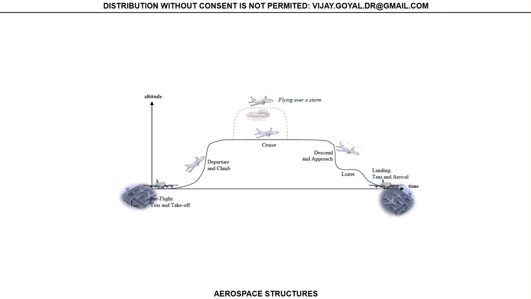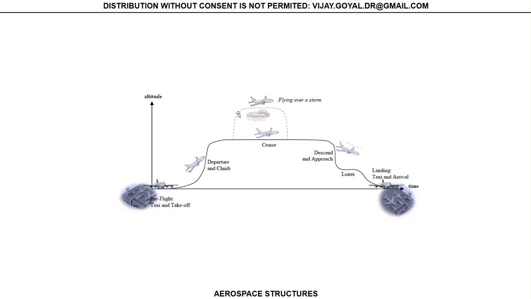Now, a couple of things I want you to think about. When your airplane is static and stopped, then it's taxiing, and then it's going to take off, and then it comes to a point where it's at cruise speed. Sometimes when there's a storm that is really intense with lots of turbulence, many aircraft will fly over or underneath it, depending on how severe the storm is.